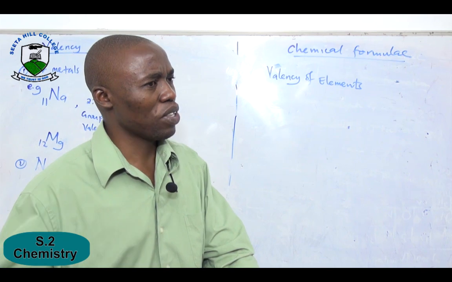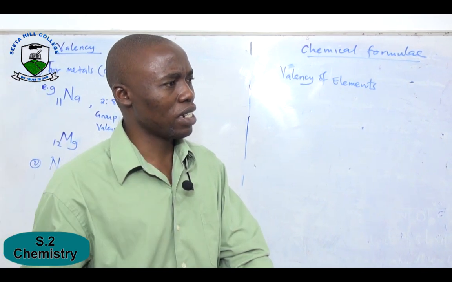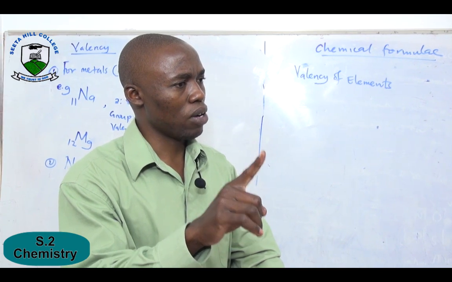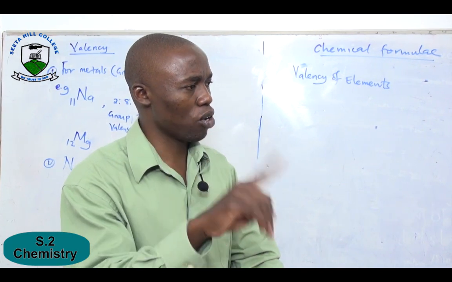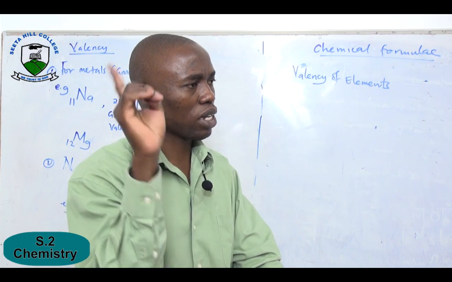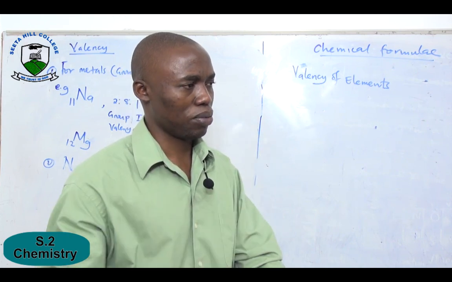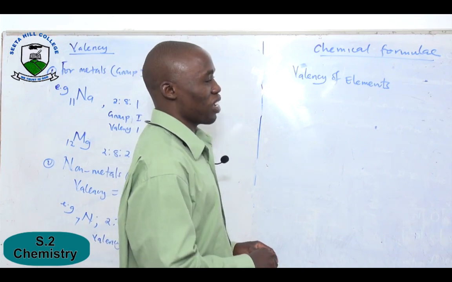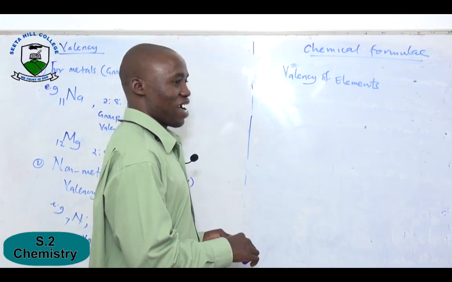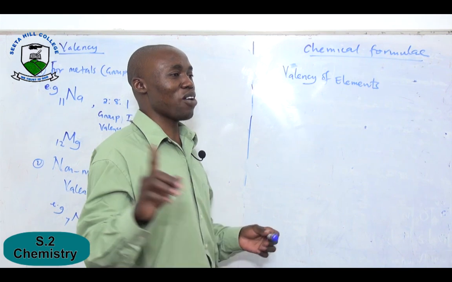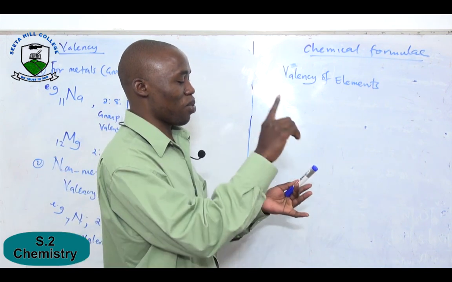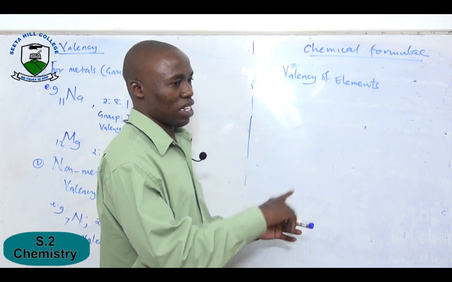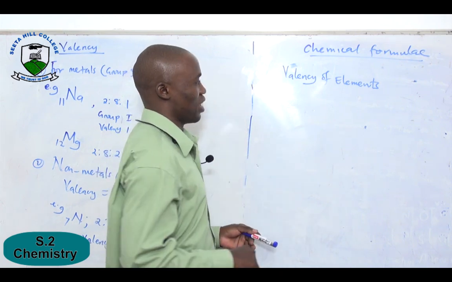Any atom having either positive or negative charge is called the ion. Not so? And we saw that an ion is formed by either losing or gaining electrons. Now we are going to see another thing called radicals. From right away we have seen atoms, molecules, ions, compounds, elements, now radicals.